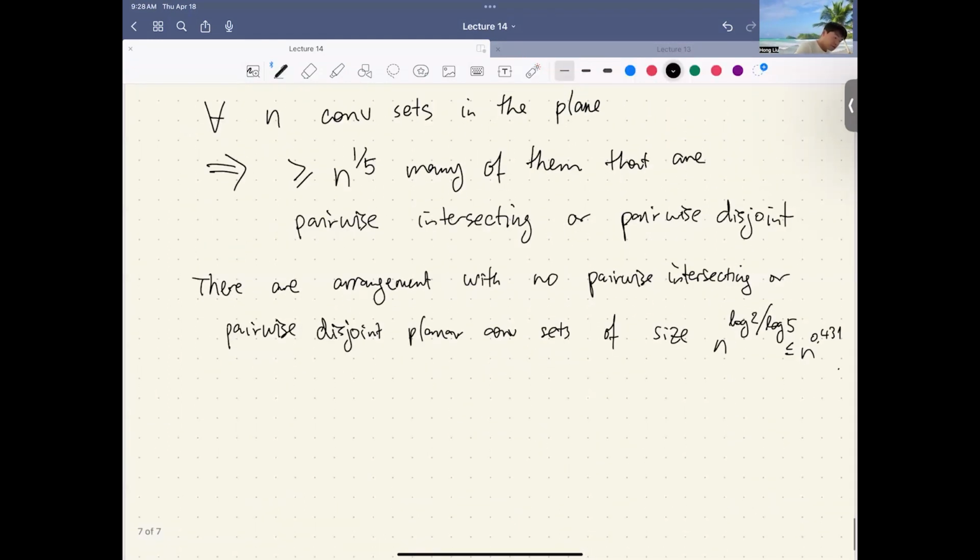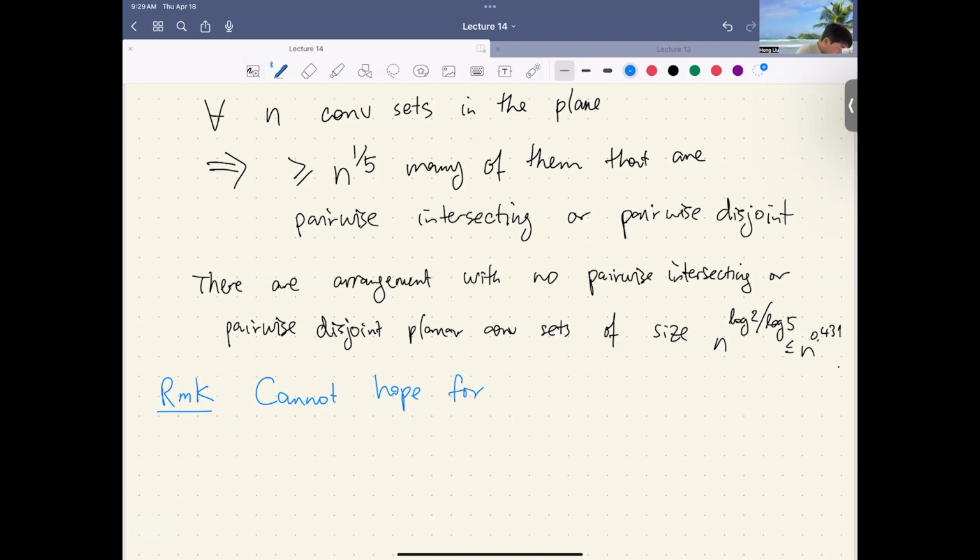So here's a remark. We cannot hope for any super-logarithmic, little omega of log n, bound for intersection graphs of convex sets in R3 already.